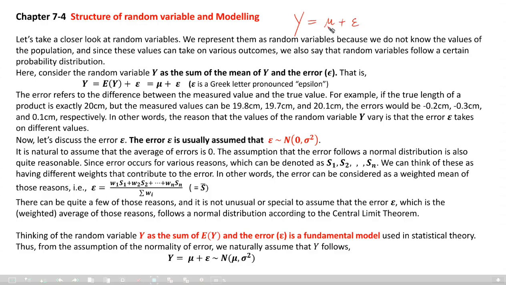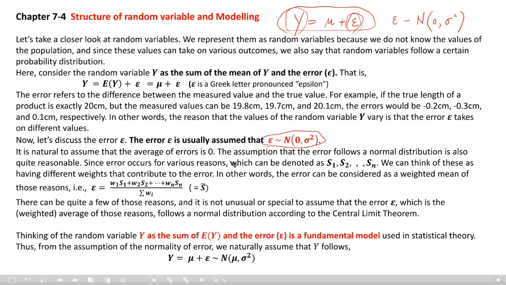Mu is the mean of random variable y, and epsilon is an error that follows a normal distribution with mean 0 and some variance sigma square. Epsilon is a random variable, so y is a random variable. Epsilon follows a normal distribution, then y also follows a normal distribution. You understand that? It is the basic structure of random variable y.